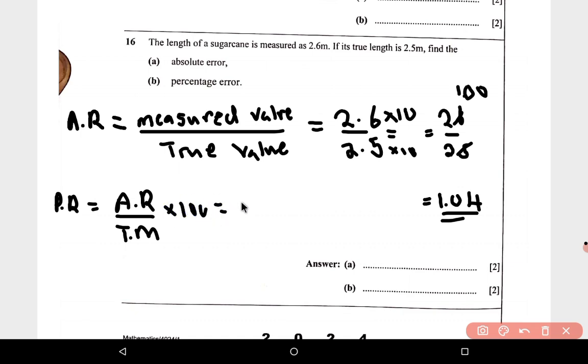So your absolute value is 1.04, true measurement 2.5, times 100.